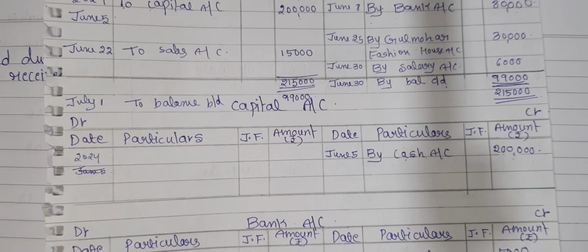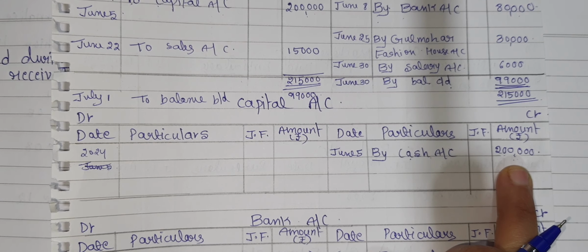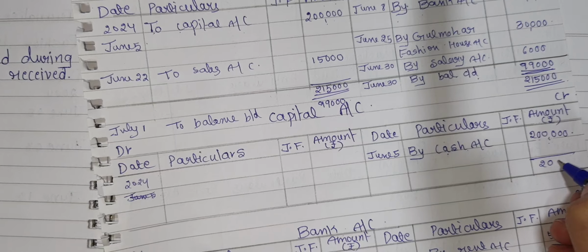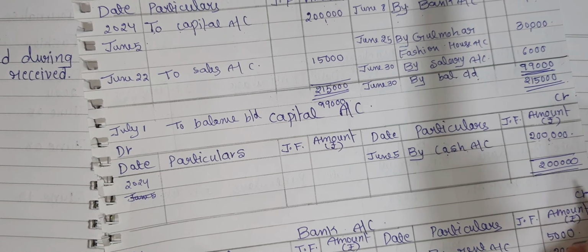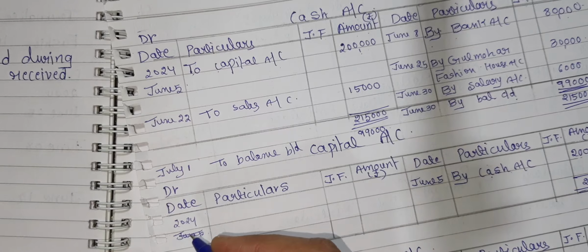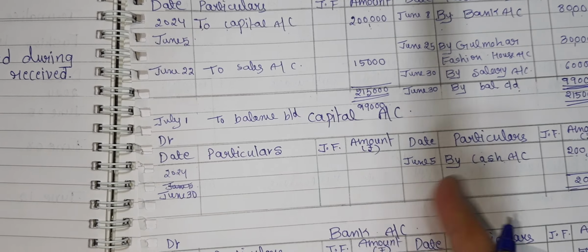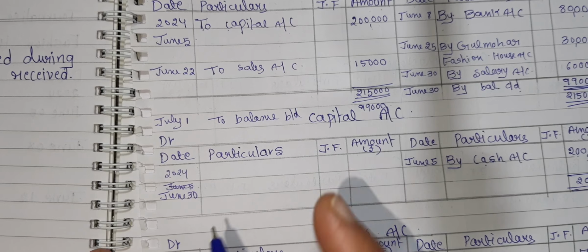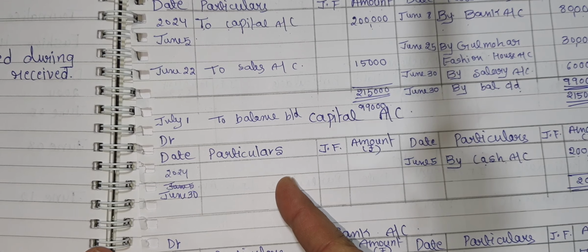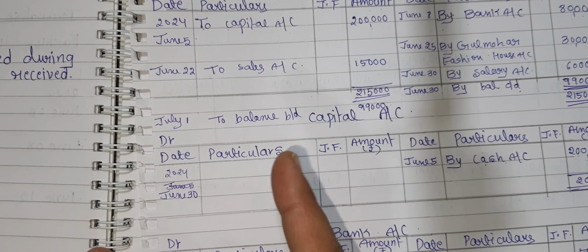Here in the capital account only the credit side has rupees 2 lakh. Write down 2 lakh here and here also. On June 30th, we have to write to balance carried on. Why? We have to write balance carried on on the side of the account with the lesser total.